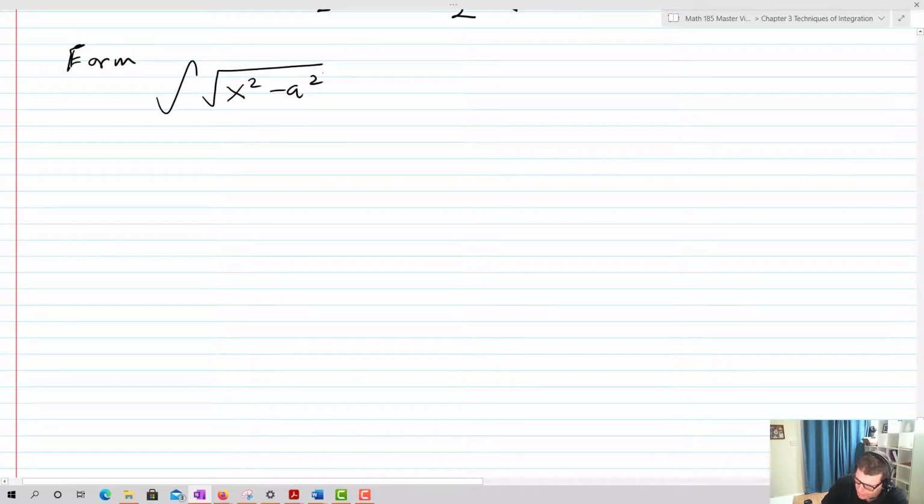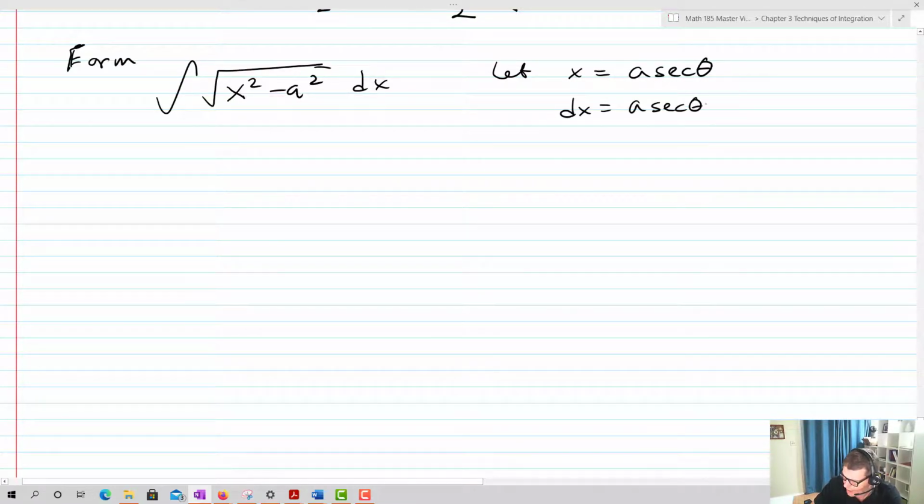So now our form here, this third form, is going to end up being the integral of the square root of x squared minus a squared dx. We're going to let x equal a secant theta, and so dx will end up equaling a secant theta tan theta d theta.